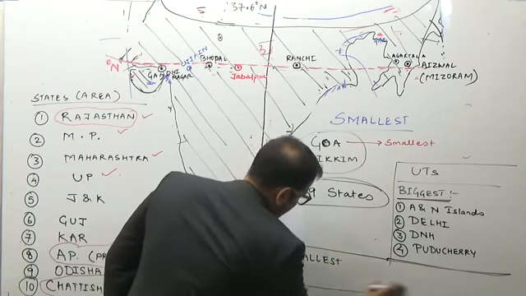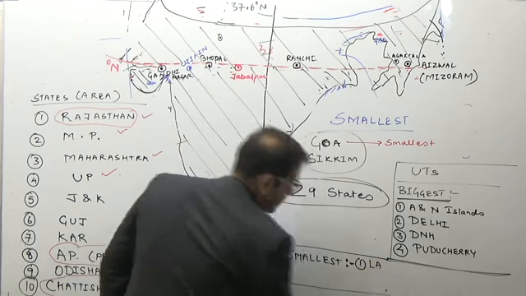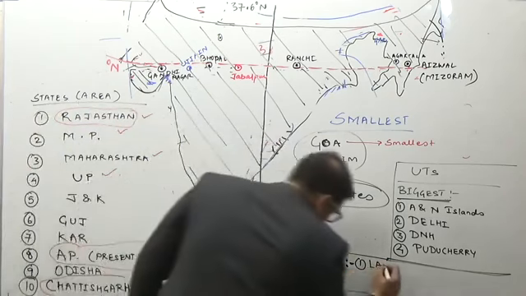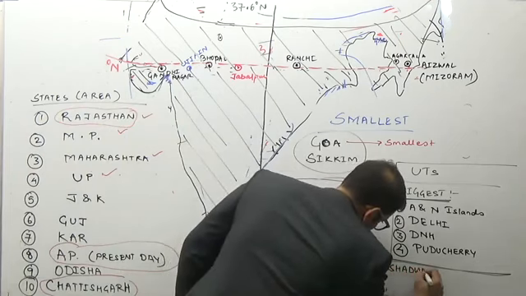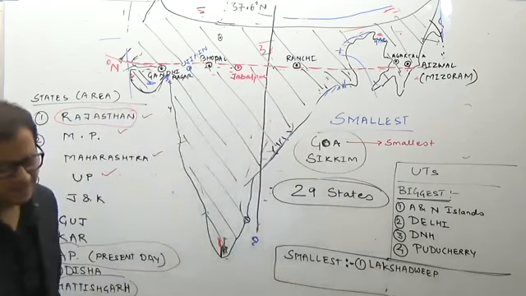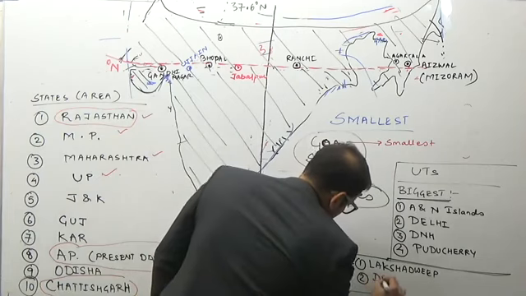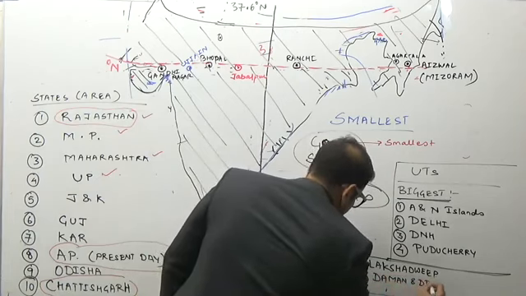The smallest UT in India is Lakshadweep. And a little bigger than that is the Union Territory of Daman and Diu.